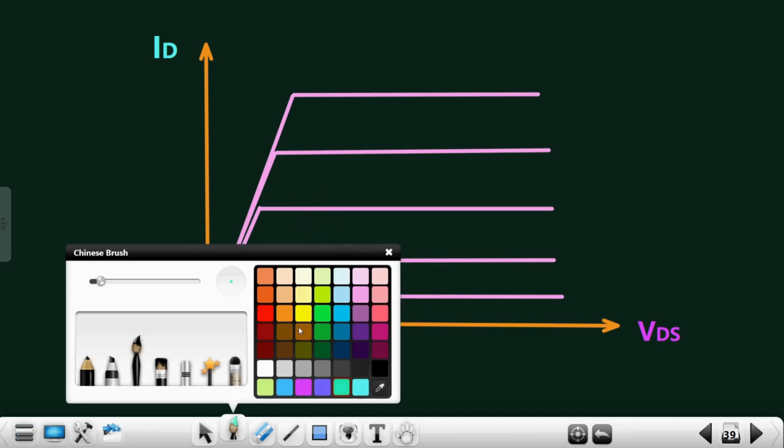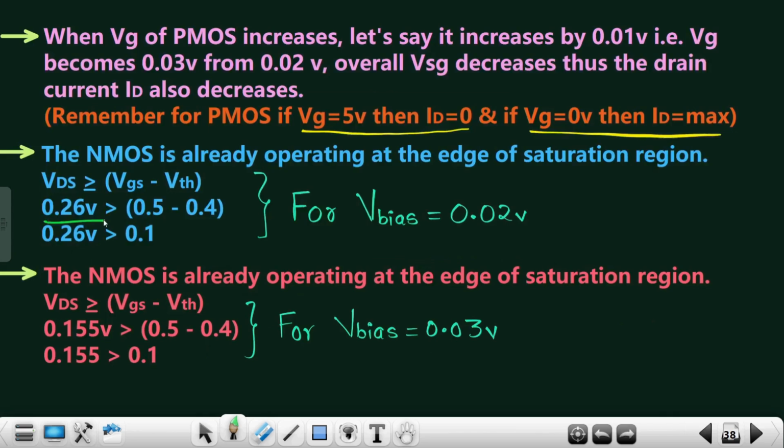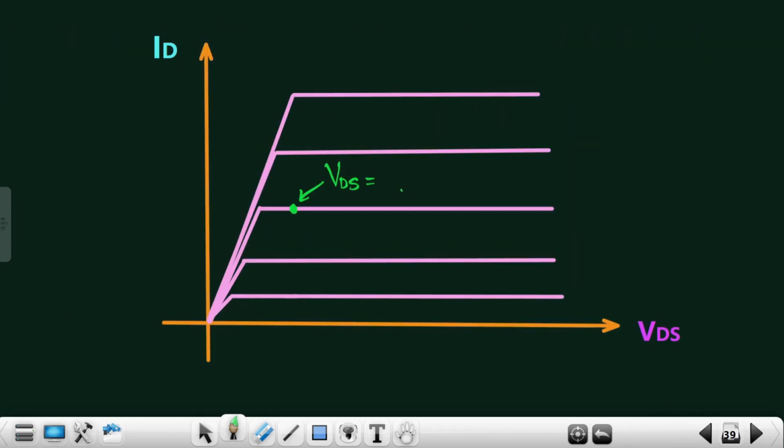My VDS was equivalent to 0.26 volts, and my ID was almost equivalent to how much? 20 microamperes approximately. Exactly, it is 20.51, right? And I have explained to you the reason for that.